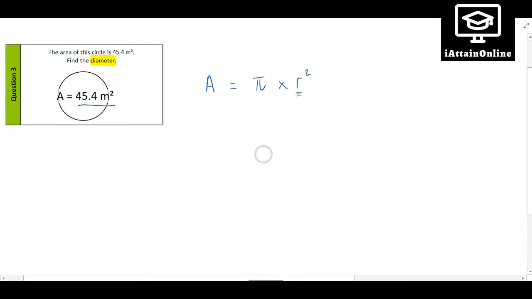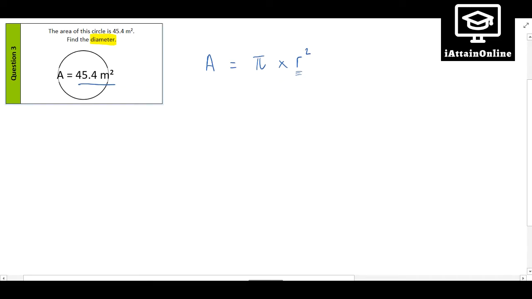So I'm going to start by putting in the values that we've been given. We are told that the area is 45.4 meters squared. So underneath area, I'm going to write 45.4, and that is equal to pi times radius squared.